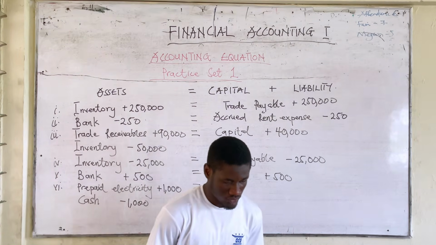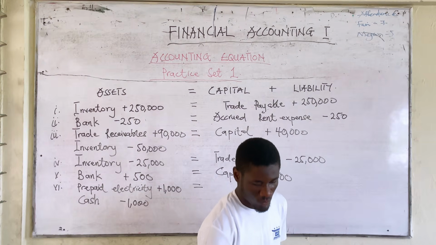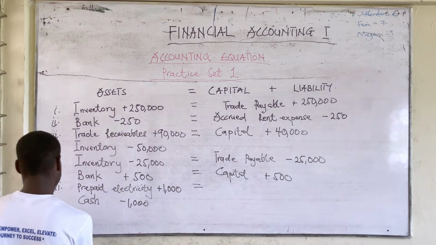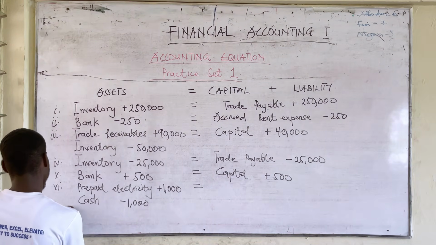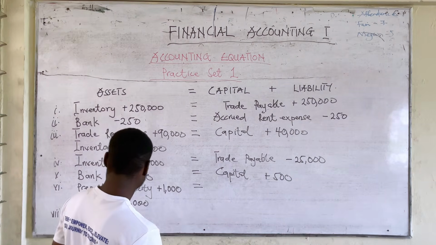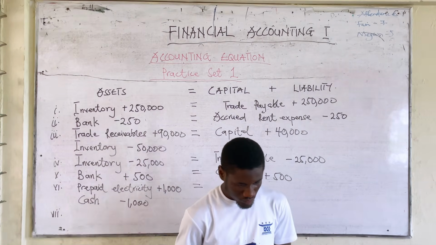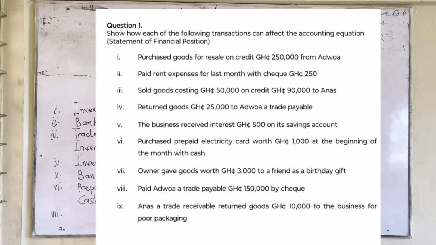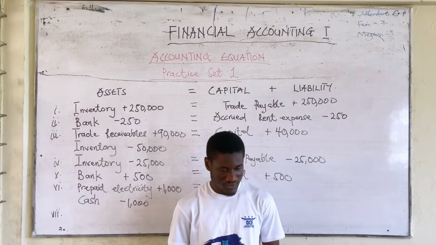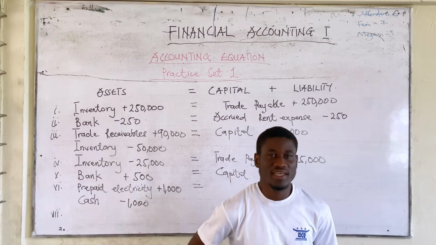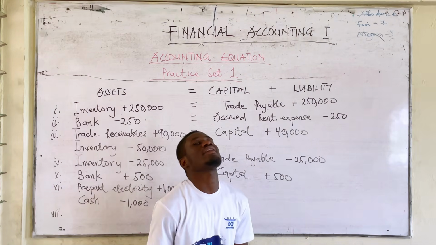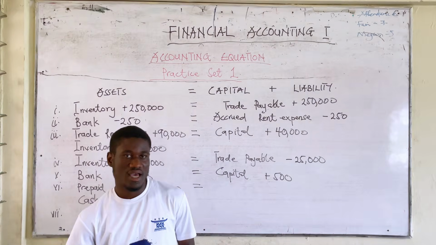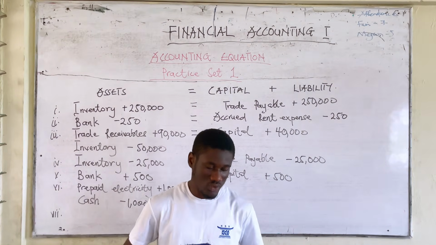Okay, good. So then VII. Owner gave goods worth 3,000 to a friend as a birthday gift. Okay, the owner gave goods, and we know that when the owner takes from the business, it is drawings.